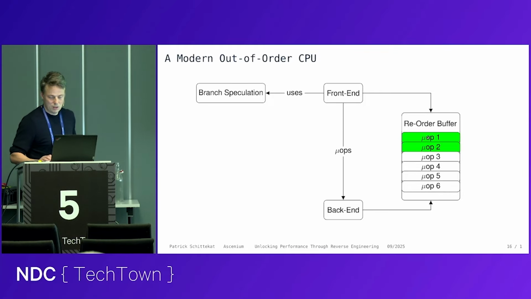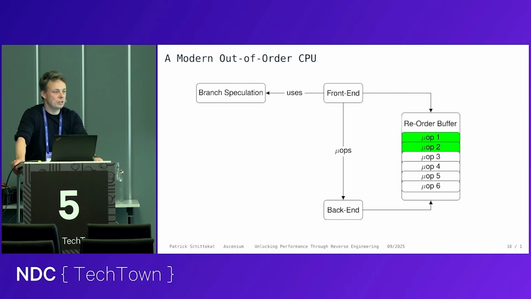Okay, this is clear. Yeah, that's a good question. A retired instruction is an instruction that's executed, and you can retire it because you know it was not on the speculative path that you have taken.